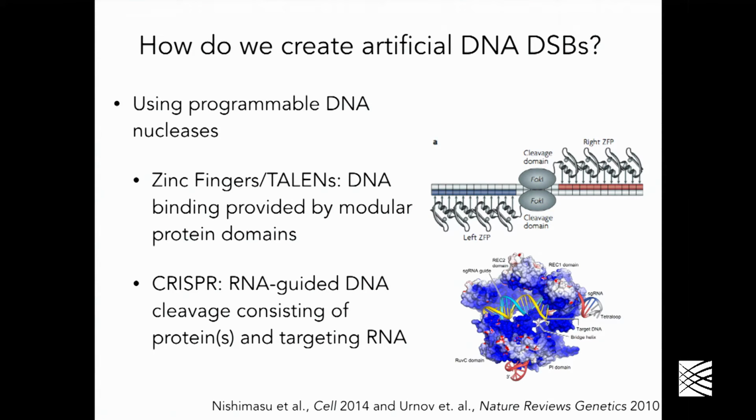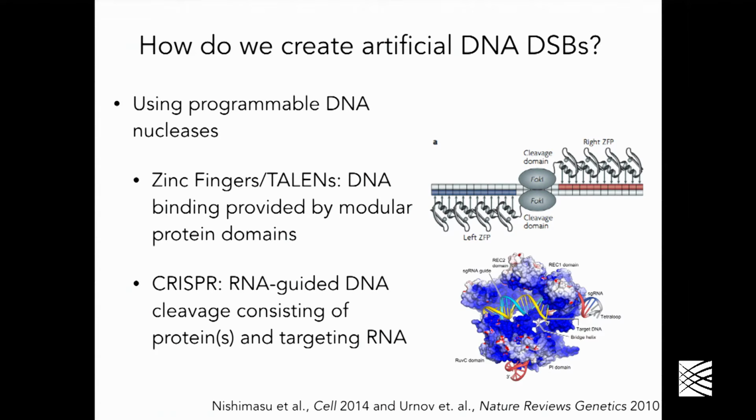Now that we know that we take advantage of these double-strand breaks to do genome editing, how do we create artificial DNA double-strand breaks? The way that we do this is using programmable DNA nucleases. Programmable DNA nucleases aren't an entirely new thing. In the past, people have used zinc fingers or TALENs, and these work quite well.